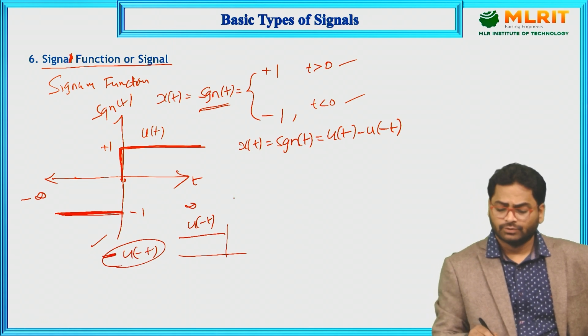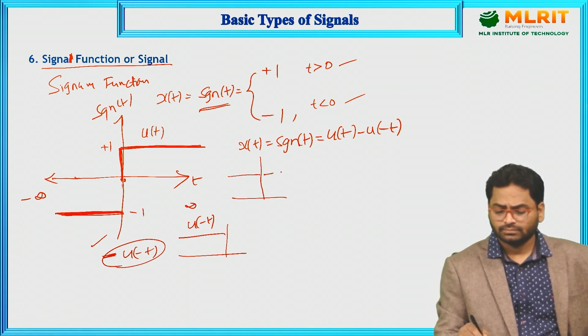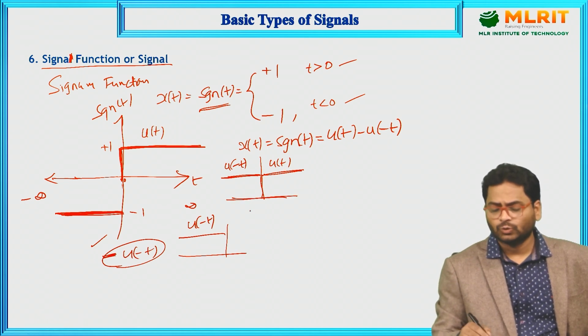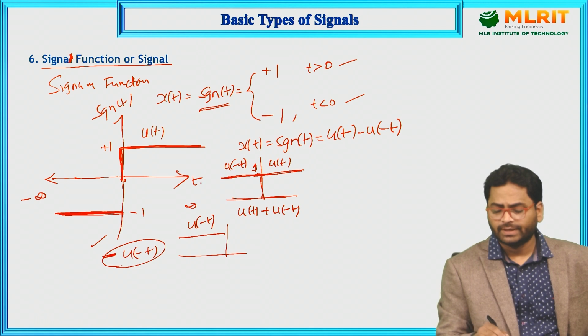One more thing, if you see, this is u of minus t, this is u of t. If I combine these two, what is the value of u of t plus u of minus t, over minus infinity to infinity?